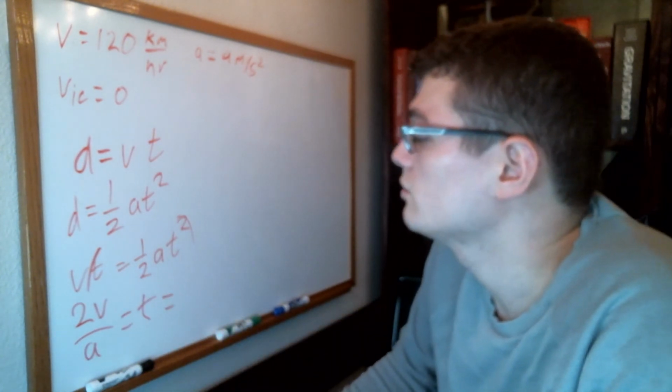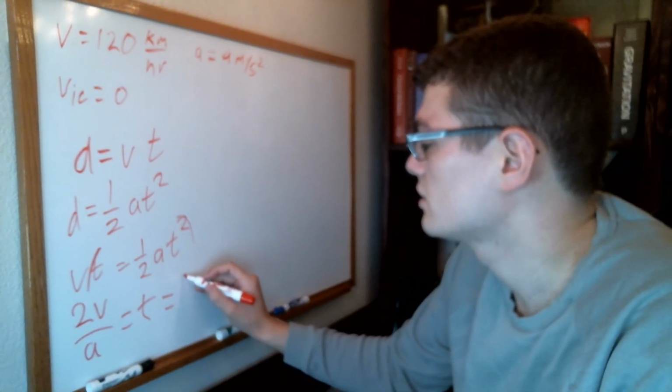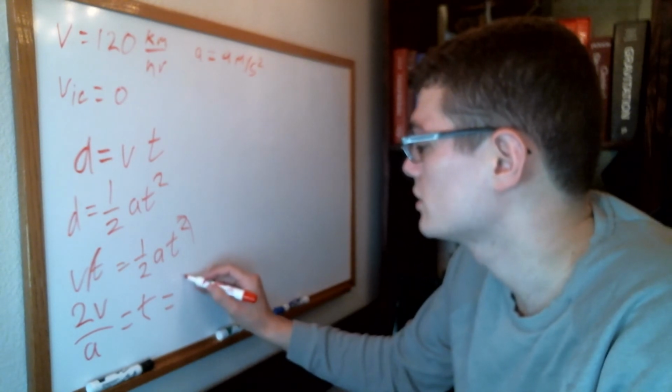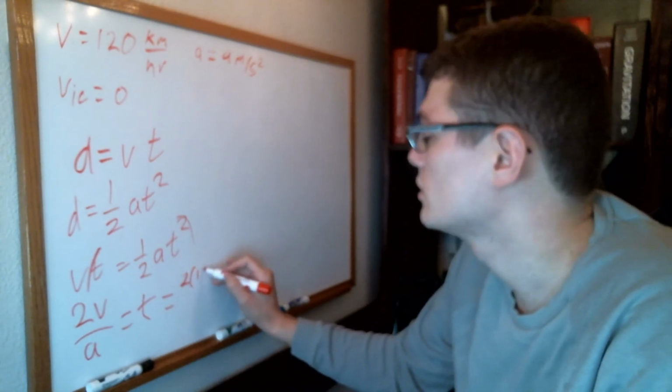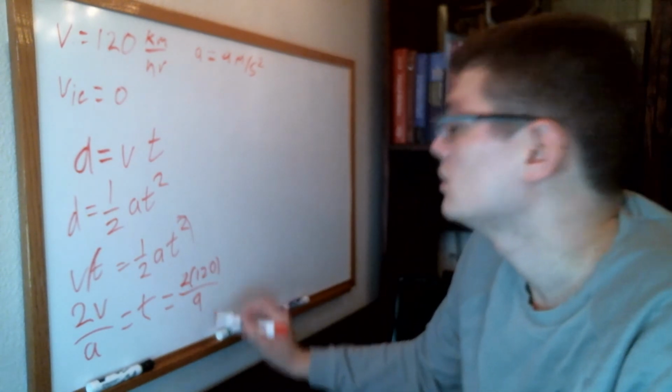And so now we can plug in our variables here, and we get that the time it takes for the police officer to catch the speeding motorist is going to be 2 times 120 all over 9.